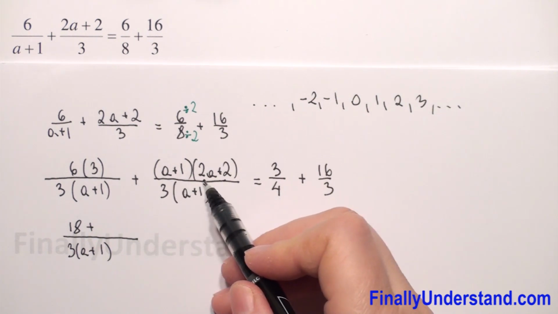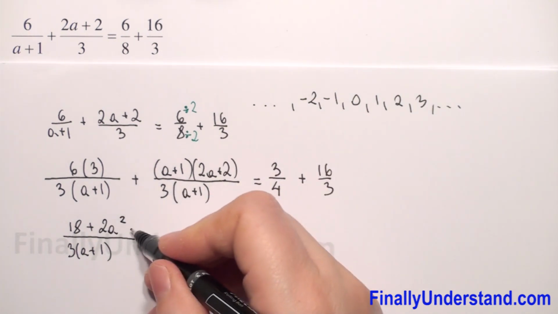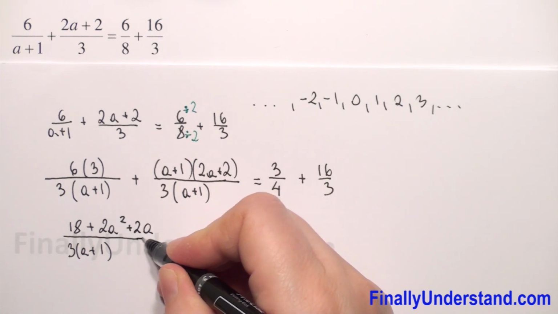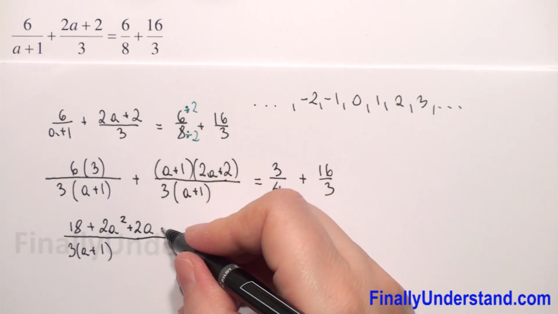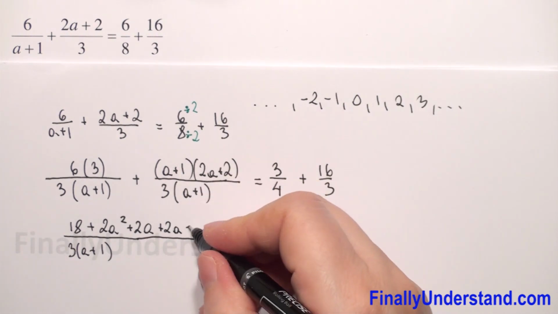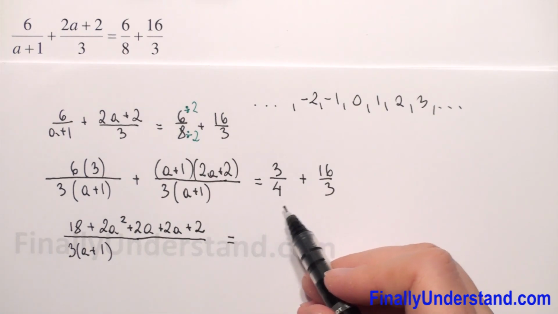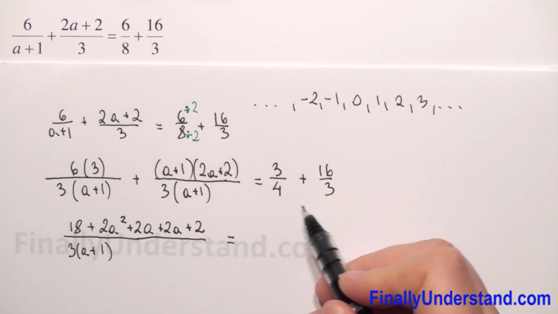So we have a times 2a is 2a squared. a times 2 is 2a, and we have 1 times 2a is 2a, positive of course, and 1 times 2 is 2.